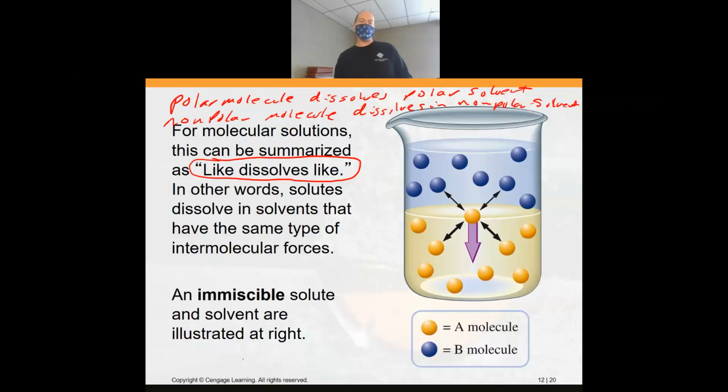You want to pick a solvent whose polarity matches the solute, and then you will know that it will mix. If you have two things that are different, they're going to be immiscible. If they are not alike, with a polar and a non-polar, you're going to have an immiscible solution.